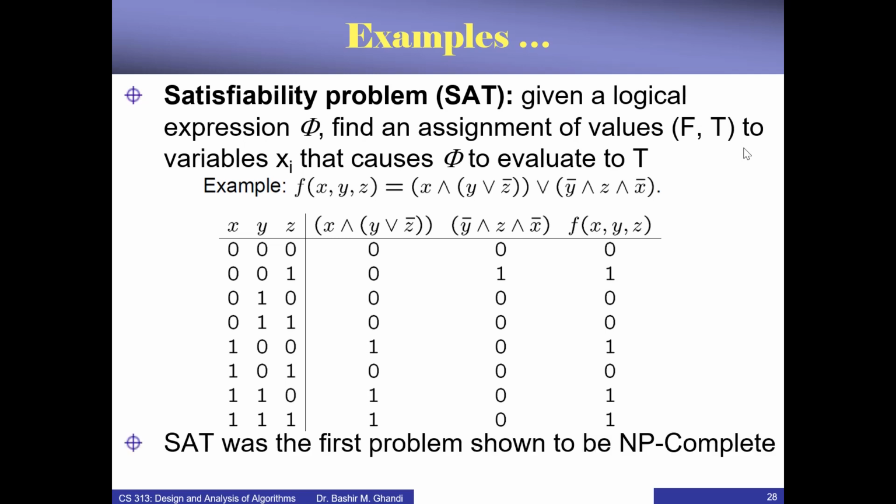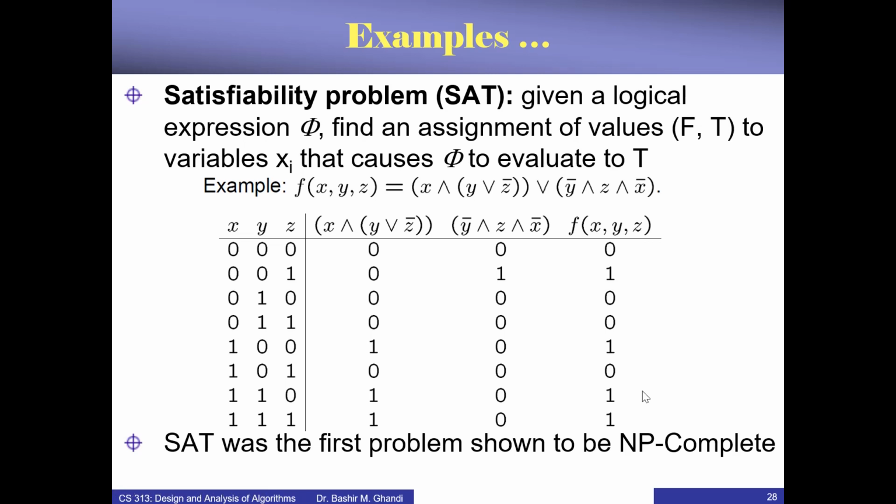Again, unfortunately, this is an NP-complete problem. In fact, the SAT, satisfiability problem, was the first problem that was shown to be NP-complete. The proof of this is given in the book if you want to go and see it. It is from this that many other problems can be easily found to be NP-complete.